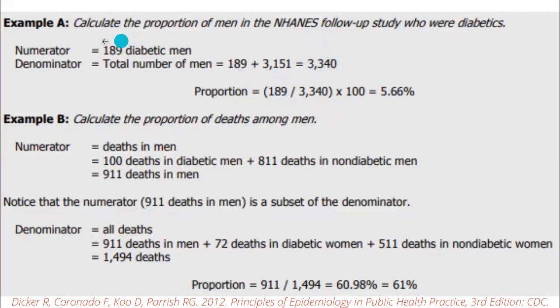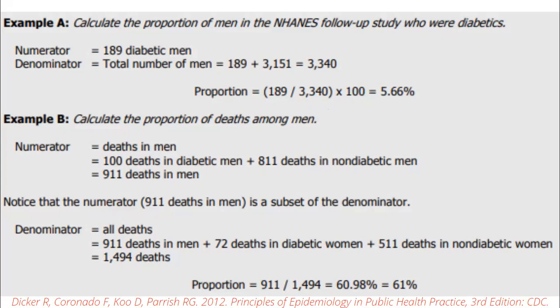And how do we express a proportion? We have to compare the number of that particular subset, in this case the number of diabetics, to the number of a particular whole. That whole here is represented by the sum of the total number of men participating in the study, in this case 3,340. And then we need to multiply the quotient with 100. Why 100 again?